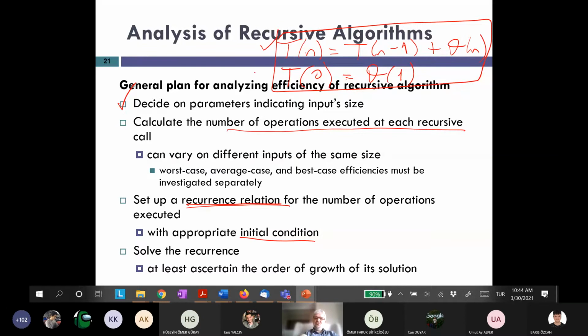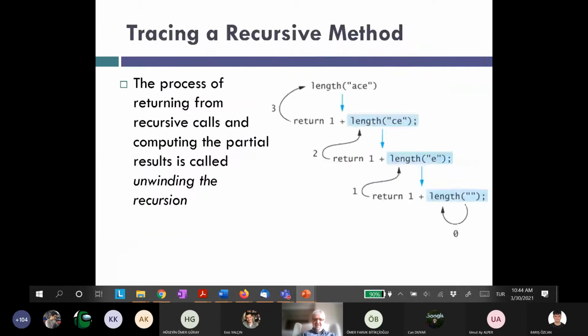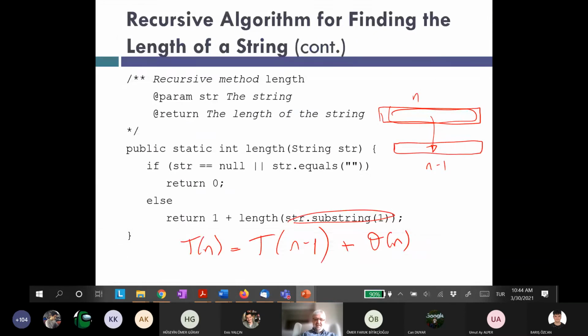It has two terms. One of them is for the general case, where the recursive call is performed. The other one is for the base case. This is for the base case. This is for the recursive case. Okay, so when we find the length of a string, saying this one is not enough.